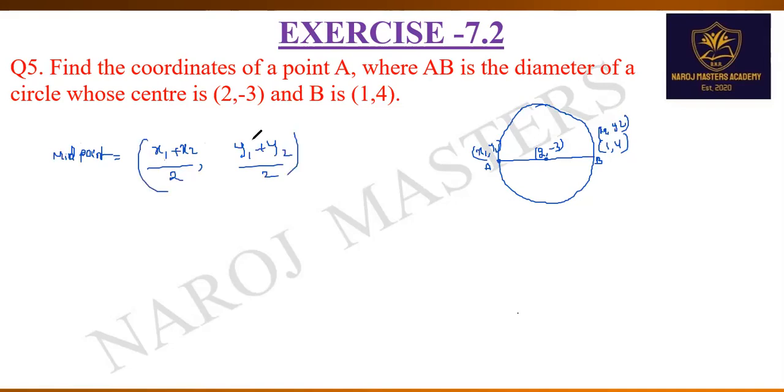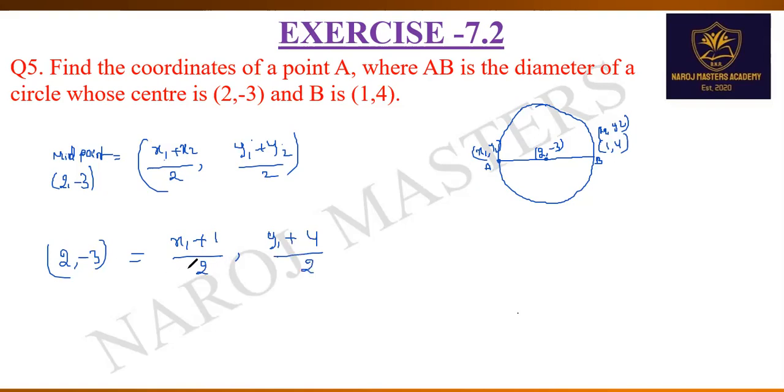So here x1, y1 are unknown values and x2, y2 are given, and the midpoint is also given. The midpoint is (2, -3). So equate (2, -3) with ((x1 + 1)/2, (y1 + 4)/2).